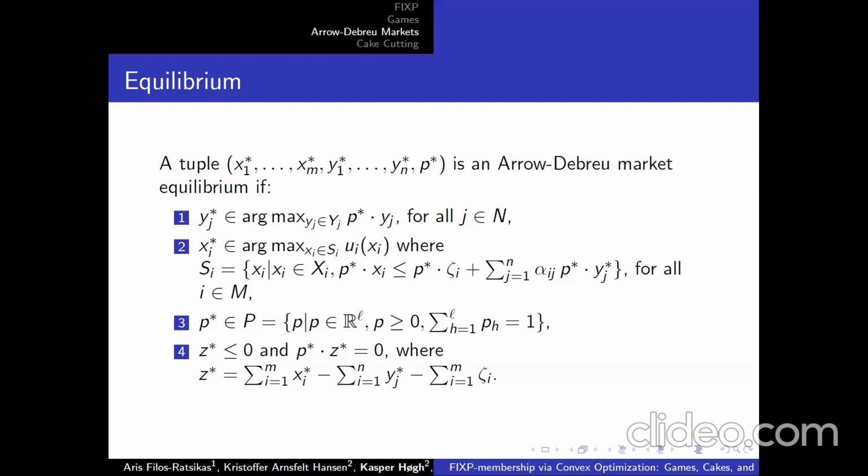And the fourth condition says that supply meets demand. The supply is the initial endowments plus how much is produced, and the demand is the sum of the consumption vectors. And therefore, z star is less than or equal to 0. That says exactly that there is enough being produced for the consumers to demand. Anyways, this is an equilibrium, and we can already see, for instance from condition 1 and condition 2, that we have to do some optimizations.